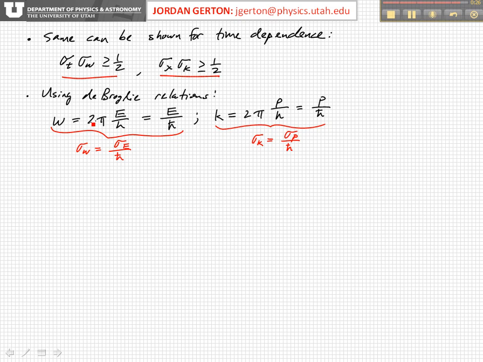Now, we're obviously building towards describing wave packets of actual particles, and so we want to plug in de Broglie's relationships to find out what this means for actual particles, the momentum and energy of particles.